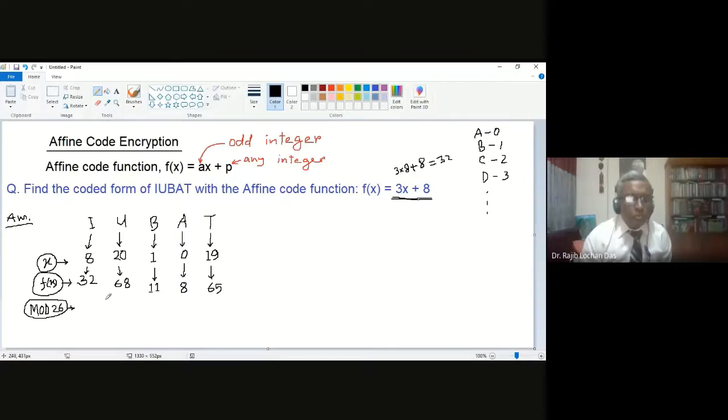If you include more characters, then it may be mod 30, maybe mod 40, maybe mod 50. In this example, we are taking only the 26 English alphabet letters. So we are writing mod 26. For 32, the answer will be 6.